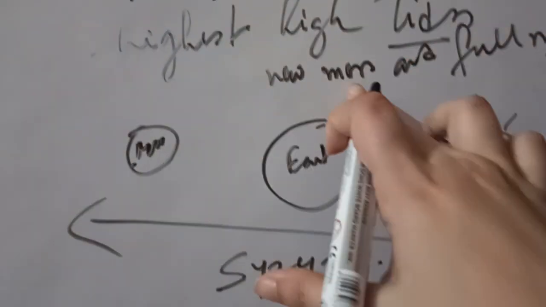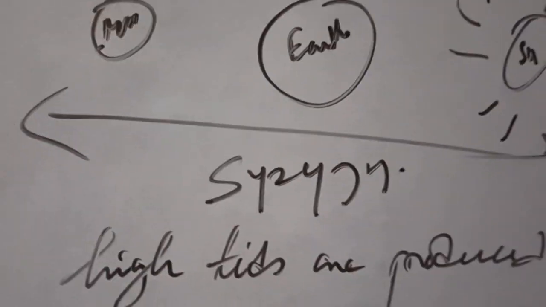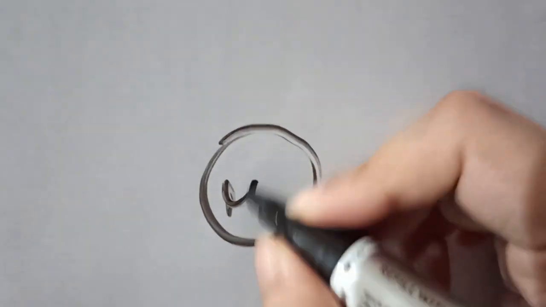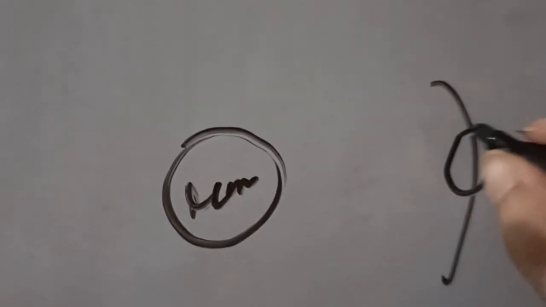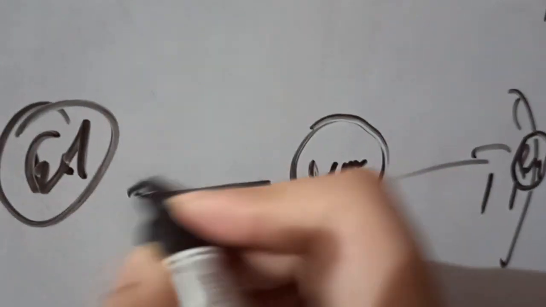So on the new moon, the moon lies in between. Now let us see what happens in the time of the new moon. During the time of the new moon, the moon lies in between the sun and the earth, and the combined pull of the sun and the moon falls on this earth.